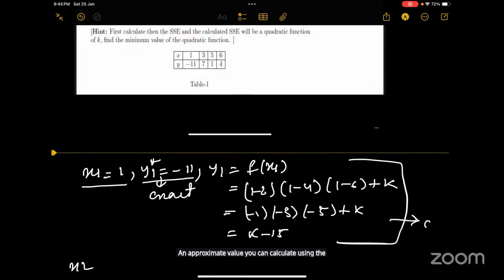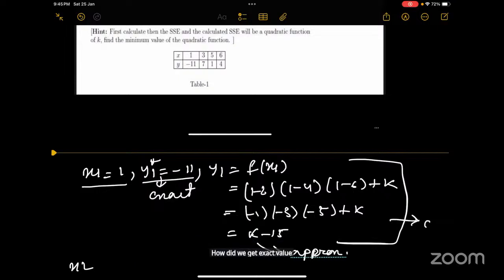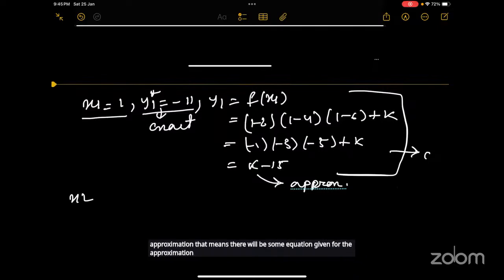Ma'am, how did we get the exact value? It is given here, minus 11 for 1, right? The exact value will be given in the data table, and the approximate value you have to calculate using the approximation. That means there will be some equation given for the approximation.